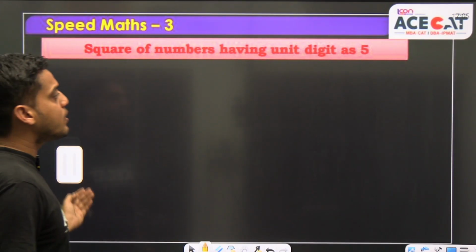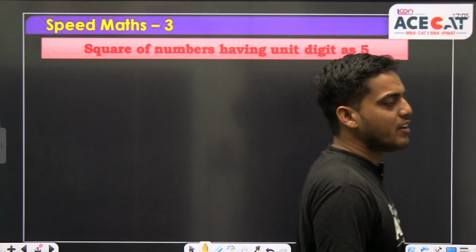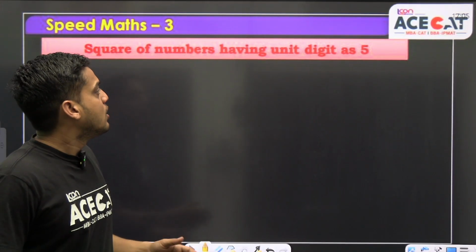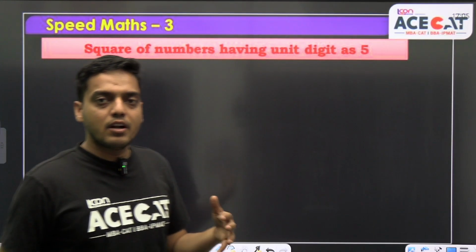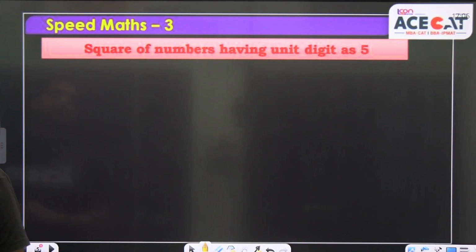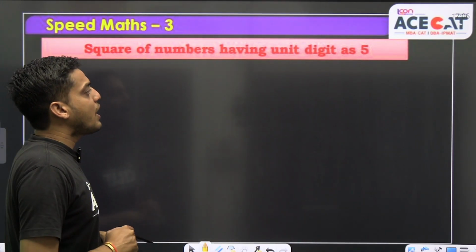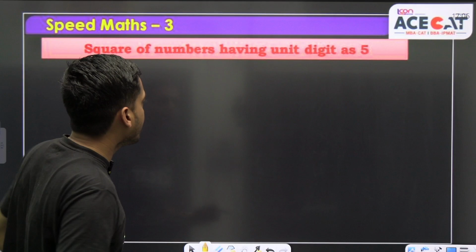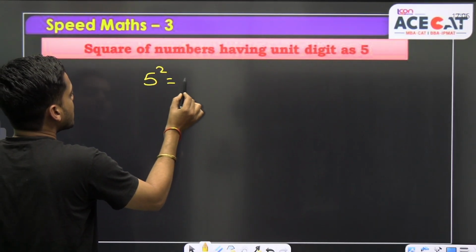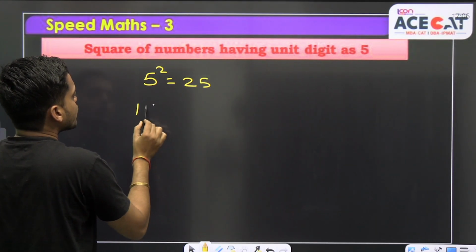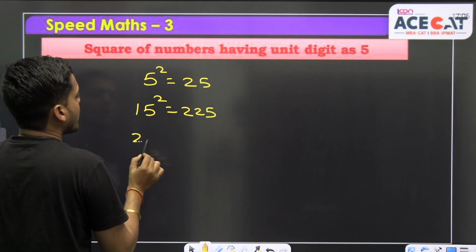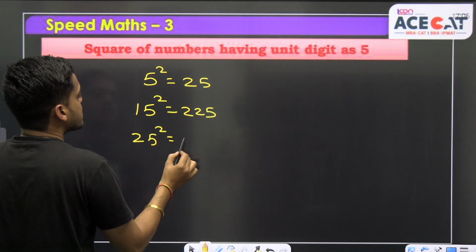Square of the numbers having unit digit as 5. Very simple. I think 90% of students know this already, but we are learning everything from the start, that's why we are starting from here. Square of any number having unit digit as 5. If I ask you the square of 5, that is 25. 15 square is 225. 25 square is 625.